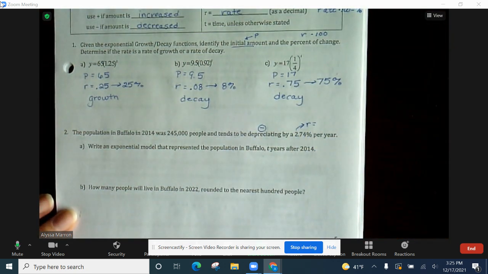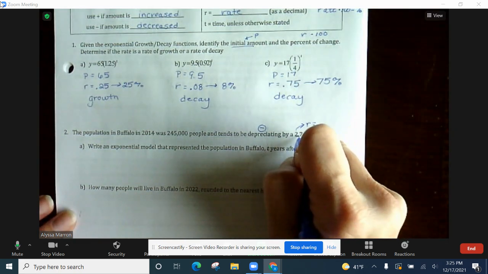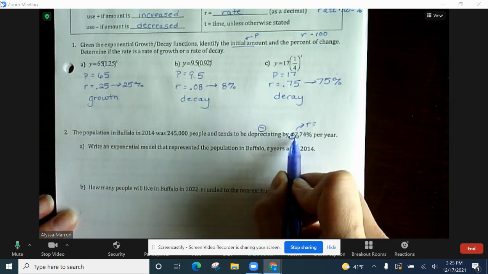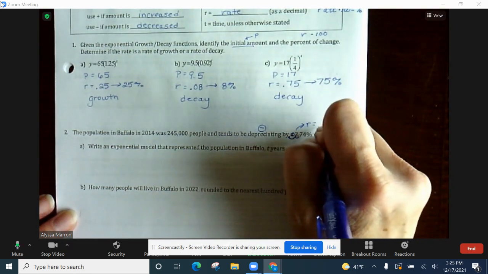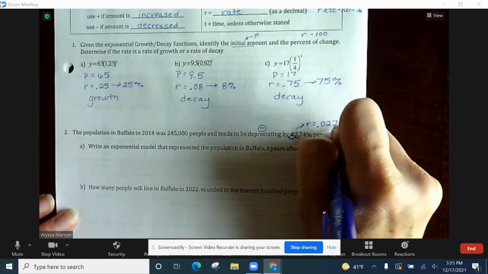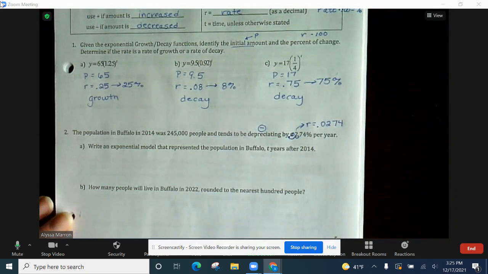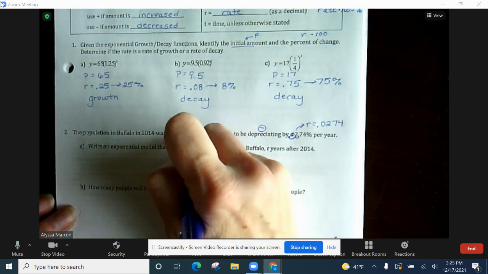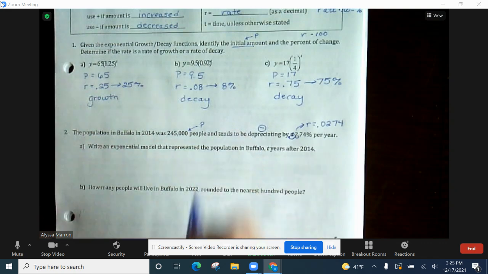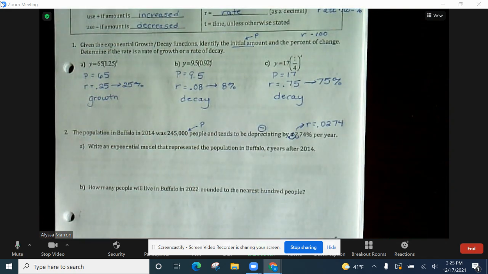To get from percent to decimal, you divide by 100 or move that decimal 2 places to the left. Any little open divot there just gets a 0. So 0.0274 would be our rate. This 245,000 was our initial amount, our starting population.